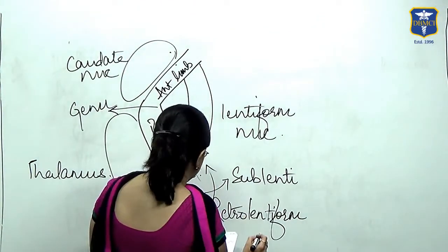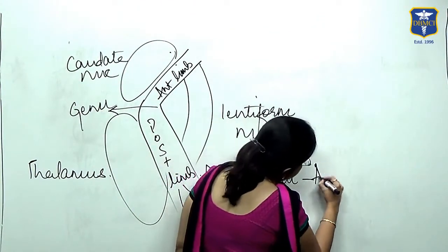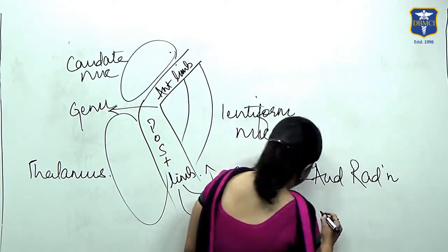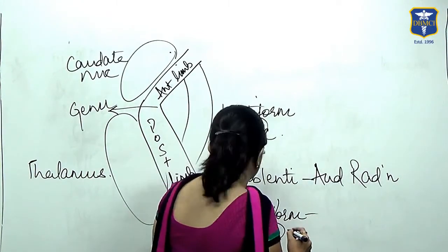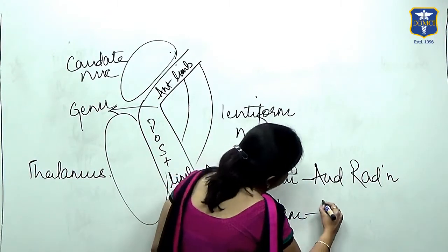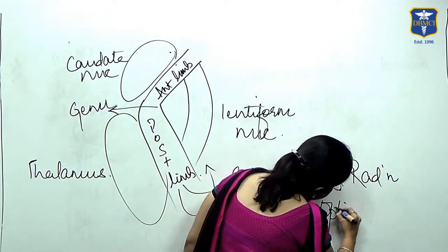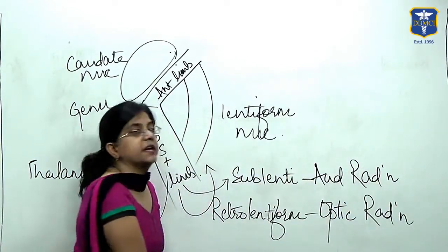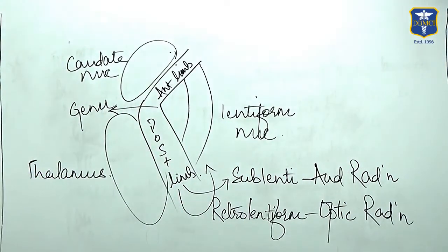The sublentiform part is associated with auditory radiation, whereas the retrolentiform part is associated with optic radiation. These things are asked in MCQs.